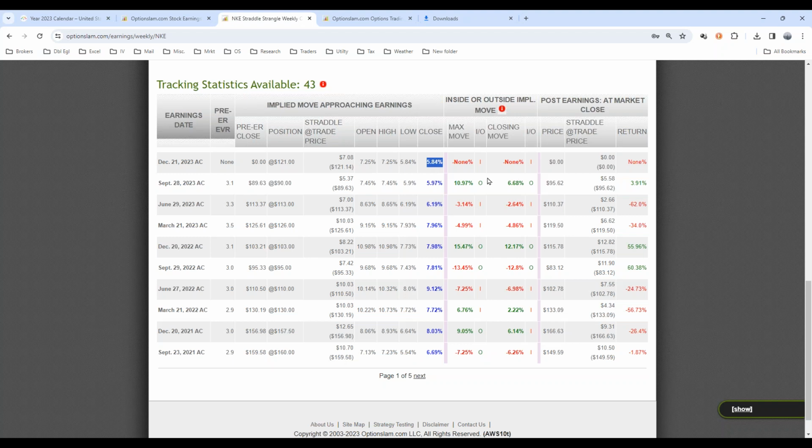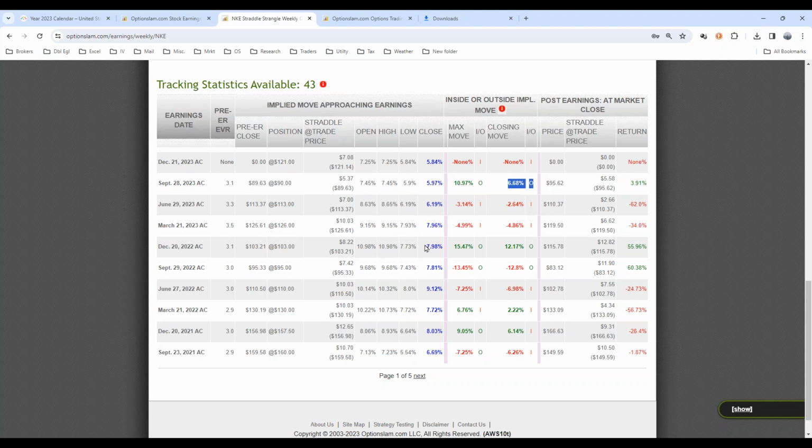Notice we provide some data. Here's another earnings event where the premium was on the cheap compared to previous implied moves. And sure enough, that stock moved outside the implied move.